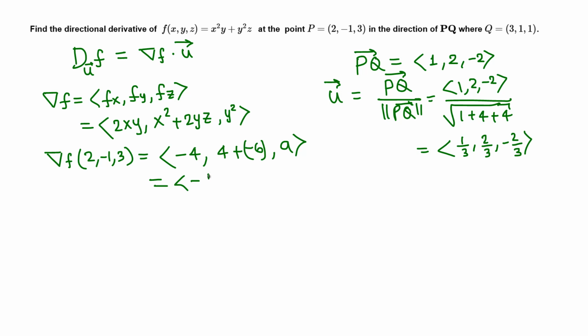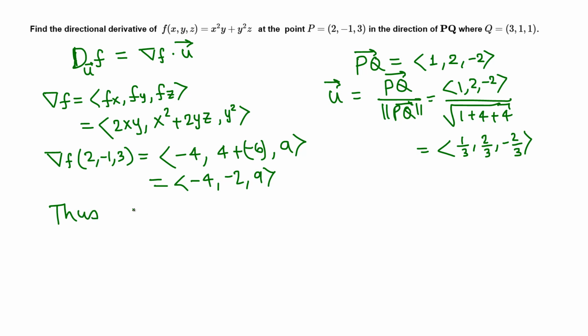So that is negative 4, negative 2, 9. And from the calculation after the definition, we can write the directional derivative as dot of this del f at the given point times the unit vector which we found here.